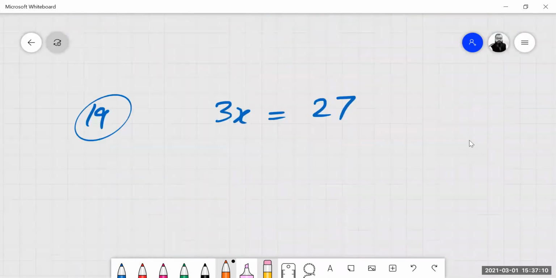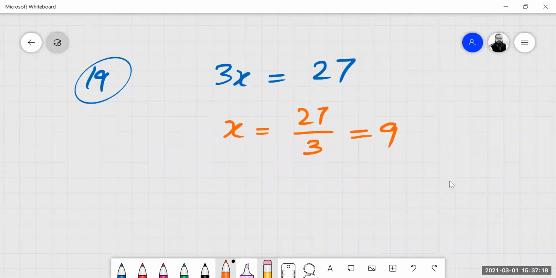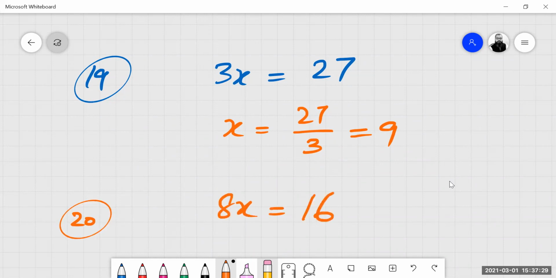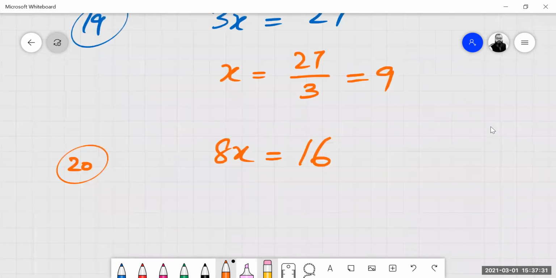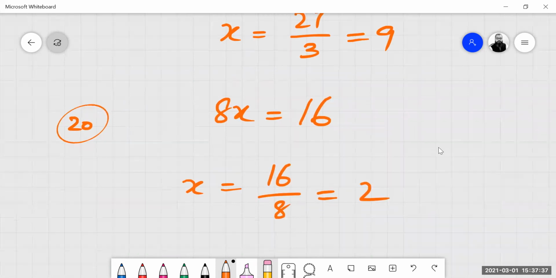It's 9, Mr. 3 goes to the other side and we divide. Now multiply by 2, Mr. 16. 2 is the answer, Mr.